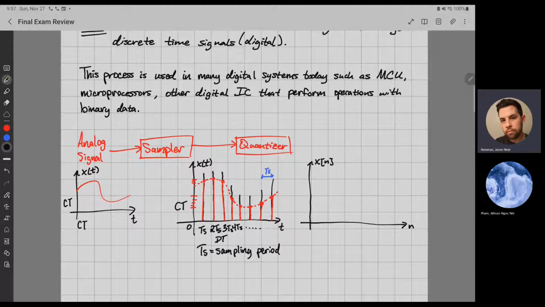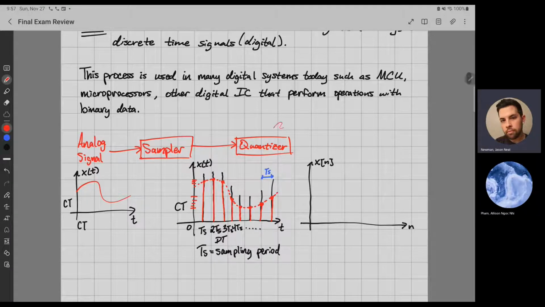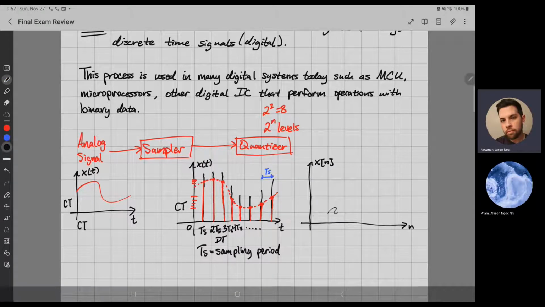And so real quick, the quantizer works with a number of levels, right? So there's 2 to the n levels in a quantizer. So let's say we want 8 levels. We would have to use n equal to 3, right? Because 2 to the 3 is equal to 8. So let's do that for this, just because that's really all I could fit here.